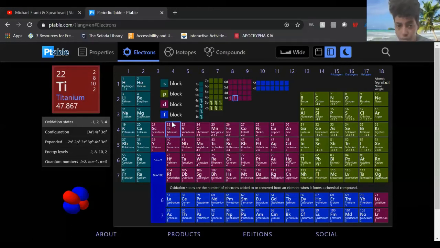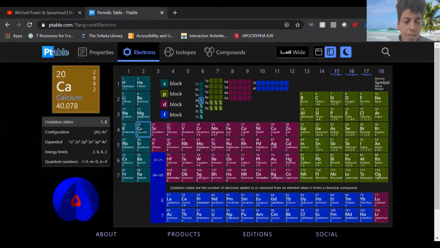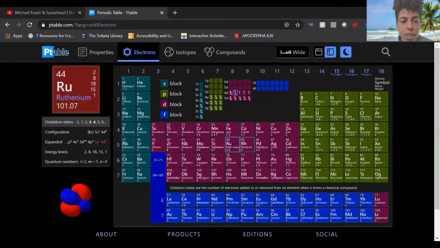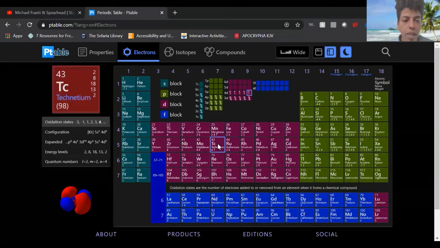Let's take a look at calcium. Notice that the electrons in the highest numbered energy level are in the 4s. Okay, technetium. Notice that the highest numbered energy level is 5, and 5 what? 5s. So those 2 electrons in the 5s energy level are going to be the valence electrons.